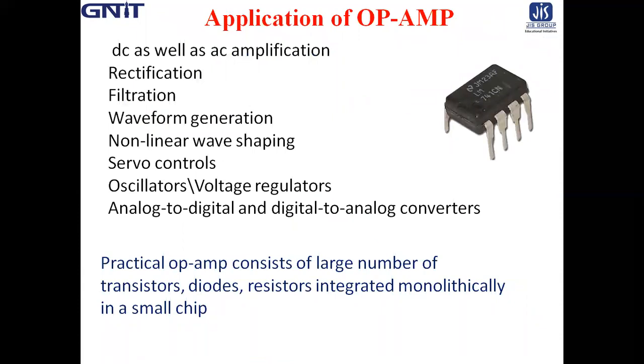Other operations realized by op-amp are DC as well as AC amplification, rectification, filtration, waveform generation, nonlinear wave shaping, servo controls, impedance transformation, oscillators, voltage regulators, analog to digital and digital to analog converters.